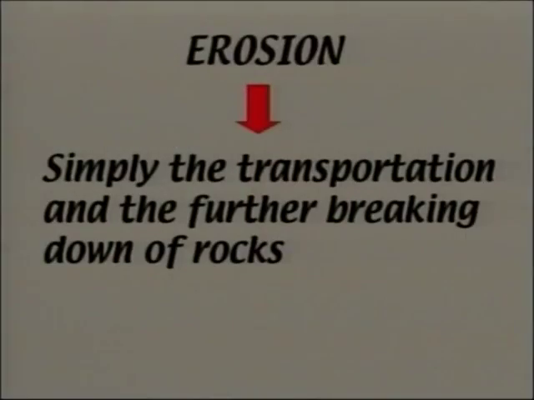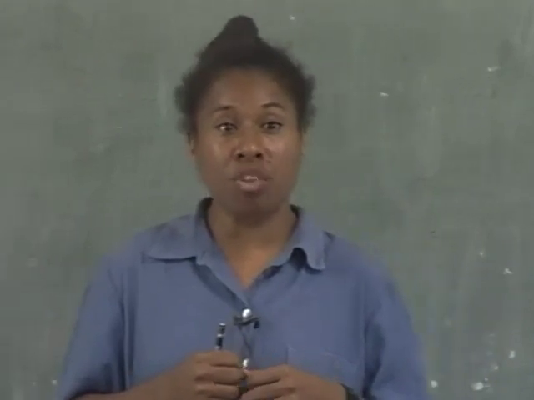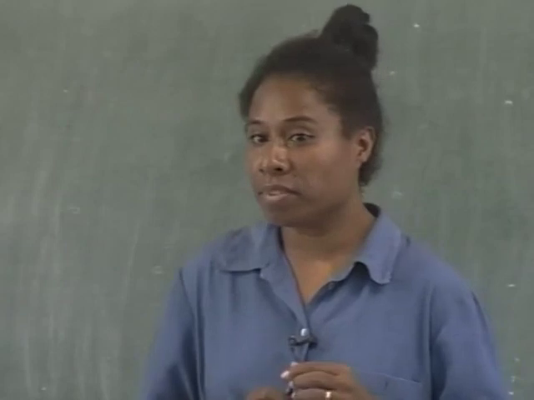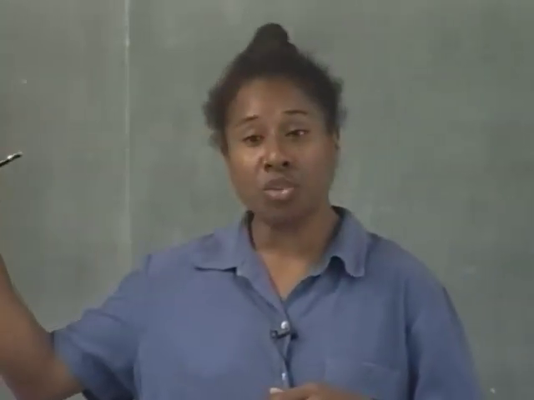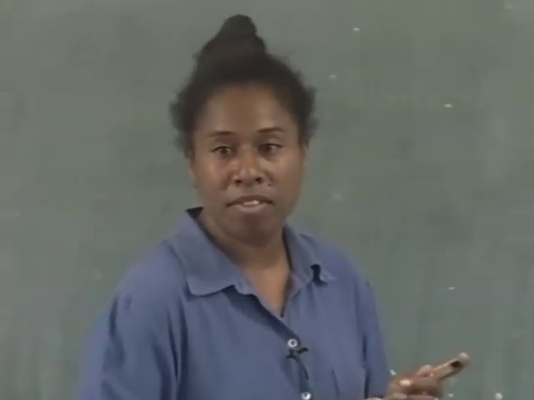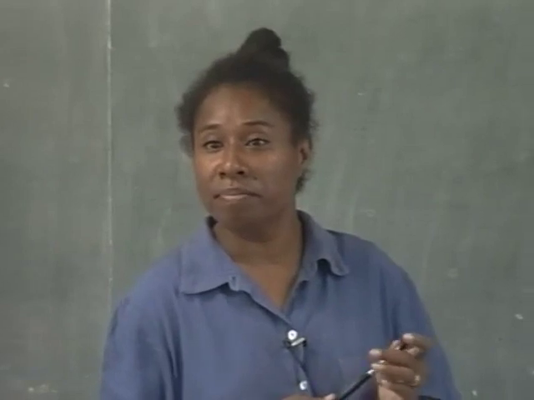So erosion takes place. And when the rocks have been eroded, there are three important agents that help in the movement or the transportation and the further breaking down. What are those three agents of erosion that you might have learned about already? Catherine, tell me, what are the three agents of erosion that help or aid in the transportation and the further breaking down of materials? Shelley, the three agents of erosion?